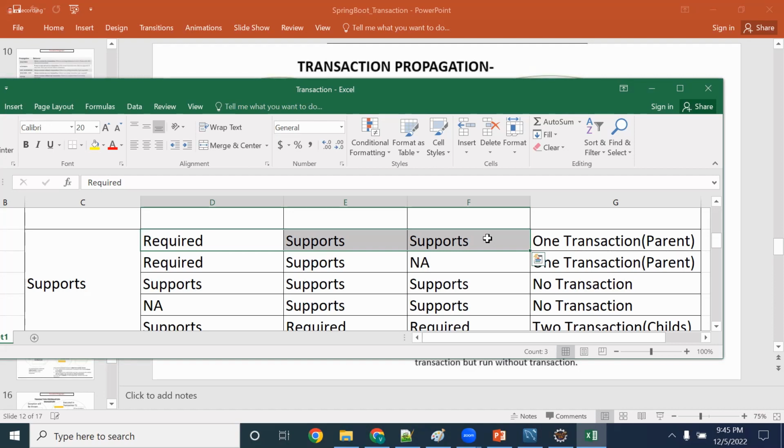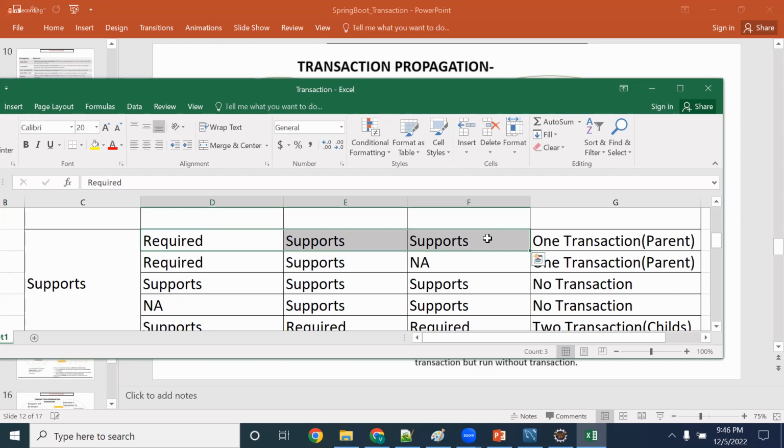But the problem is, in case of supports, in three layers I wrote supports. No transaction at all. Because my organization service does not have any transactional boundary. It's internally having employee service and insurance service.